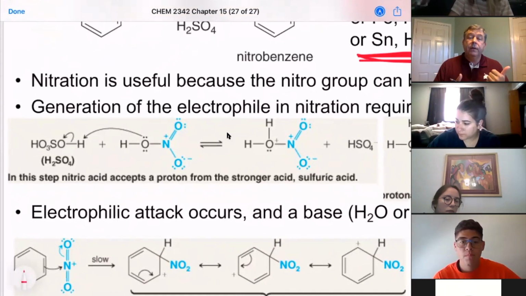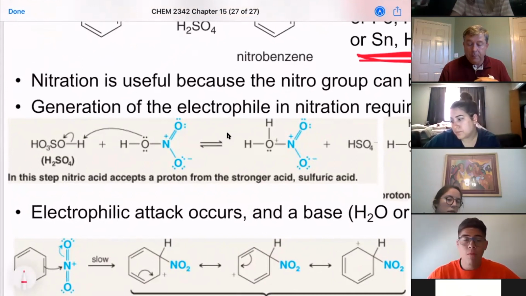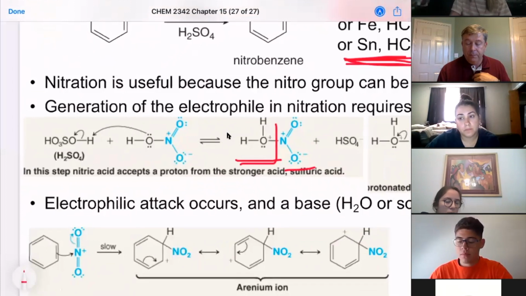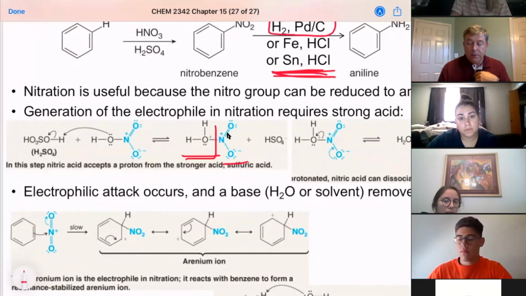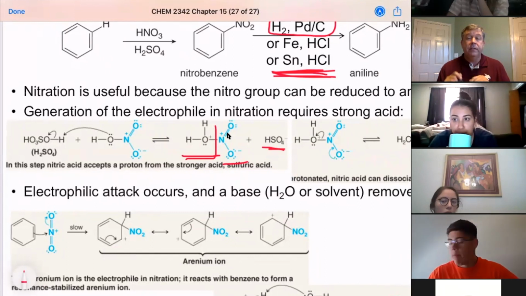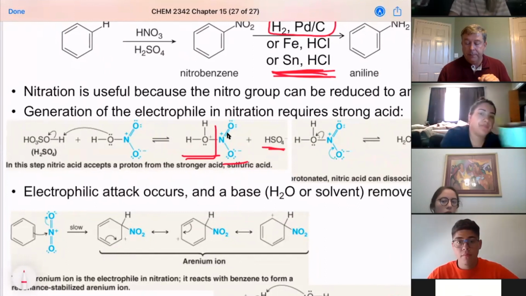We use sulfuric acid to protonate the OH on nitric acid to make this complex where we have water as a leaving group. We also generate hydrogen bisulfate, which is now our Lewis base. We're going to use that at the end, so keep track of that.